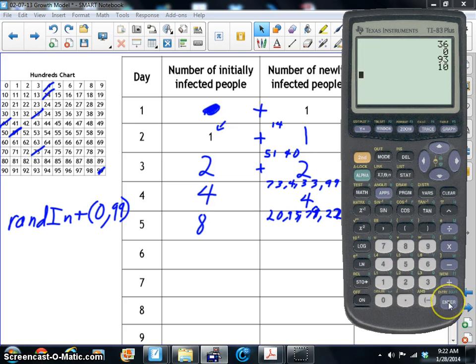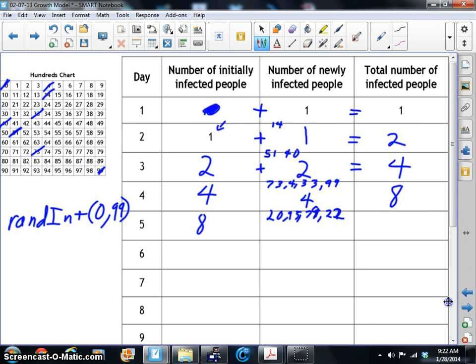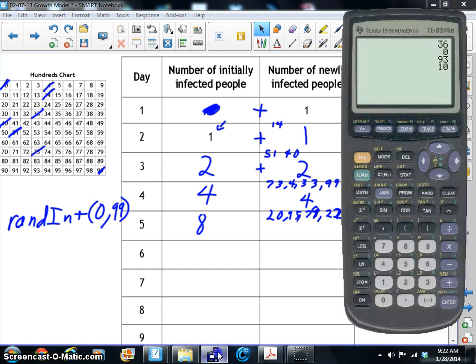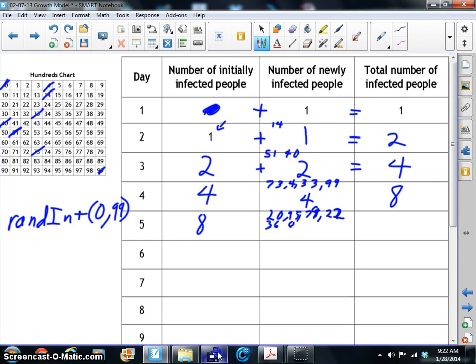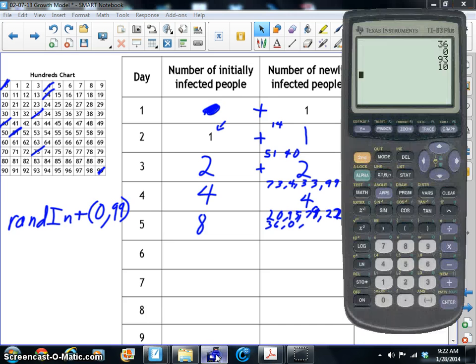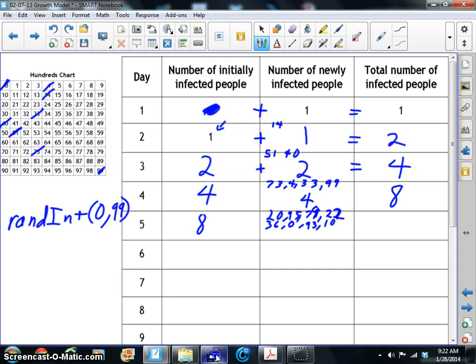1, 2, 3, 4. So as you can see, we already had 0 infected, so 0 can't get reinfected. Let's see, 36, 0, 93, 10. So let's see. 20 is newly infected. 95 is newly infected. 79 newly infected. 22. 36. 0.